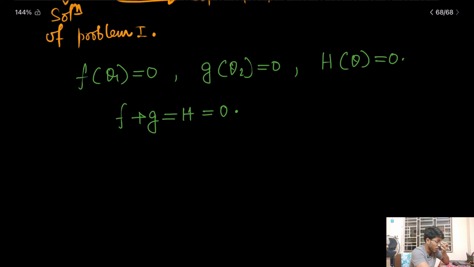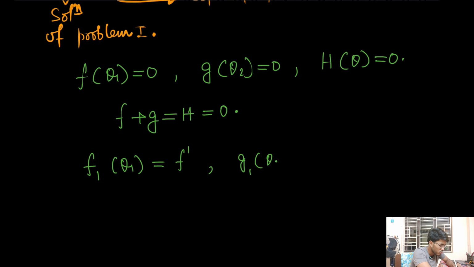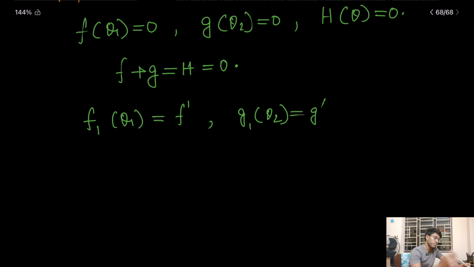Similarly, if my boundary condition is given by some f1 of theta 1 equal to 0, or maybe anything not 0, maybe f prime, and my g1 of theta 2 is equal to maybe g prime. These f prime and g prime may be constants, and can also be some functions of theta 1 and theta 2.